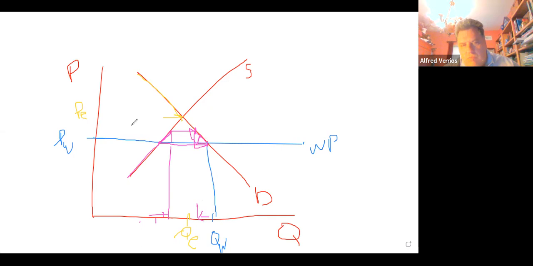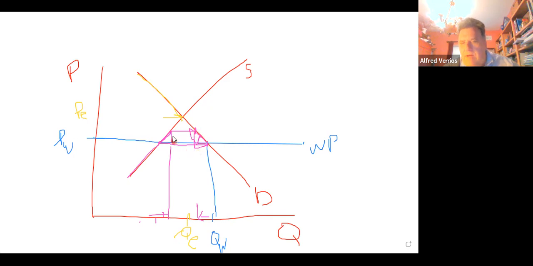What is the consumer surplus in this situation? It is, again, this triangle up to this point. This triangle here, that is beyond, that is the amount that we're no longer consuming in this country, is a deadweight loss.